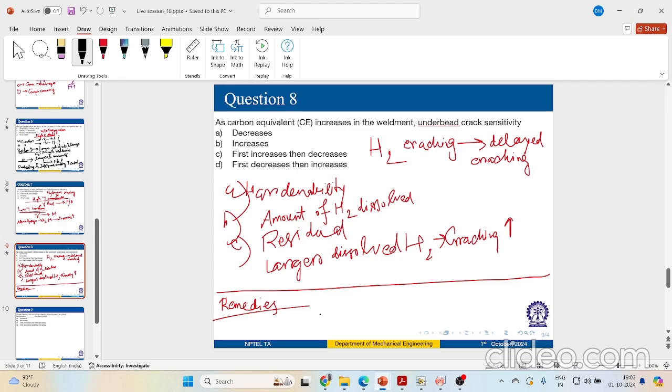So we are talking about these remedies for avoiding this hydrogen cracking tendency. What can be those? There is preheating, of course. Whenever you are doing preheating, and control of interpass temperature, that can help to reduce hydrogen cracking.